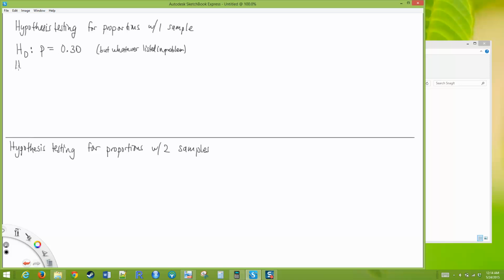And then the alternative will be identical to that, except it's going to be p either not equal to 0.30, or p greater than, or p less than. So your choice of not equal, greater than, or less than depends on the question.